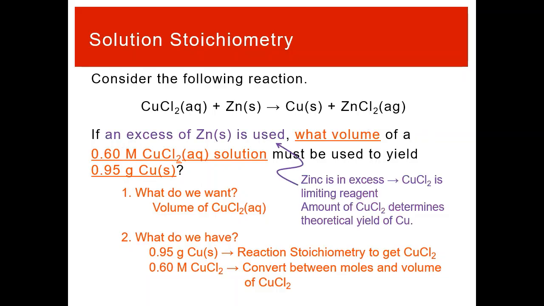Also, I do want to point out that you're told that zinc is in excess. This has kind of been mentioned in previous problems, maybe. I haven't really brought it up, but now that we know what a limiting reagent is, if zinc is in excess, that is one of my reactants, that means the other reactant, copper 2 chloride, has to be the limiting reagent. So you'll note we are asked about the yield of copper.